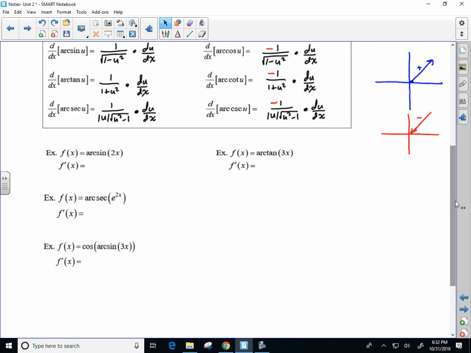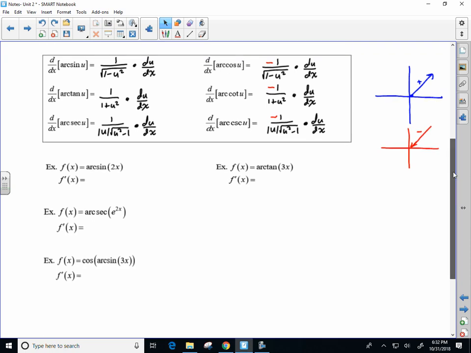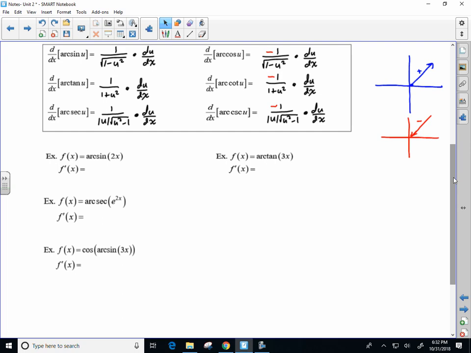So the examples below, they're not that bad at all if you're just applying a rule. Because I have an arc-sine rule right here, so this would be my u.